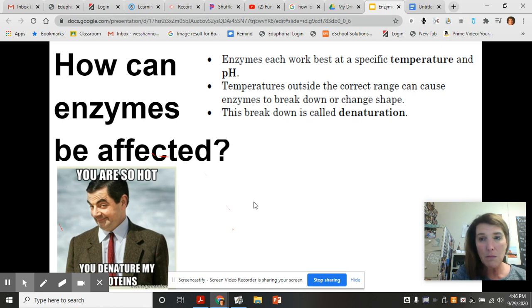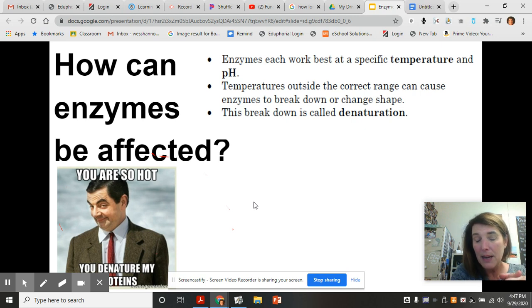If you're not in that temperature range, like you get too hot or too cold, or you change the pH, maybe you become more acidic, that enzyme will warp. That puzzle piece that fit perfectly in a lock and key, all of a sudden you are warping that lock or that key. That warping means it's not going to fit anymore and it's not going to work.